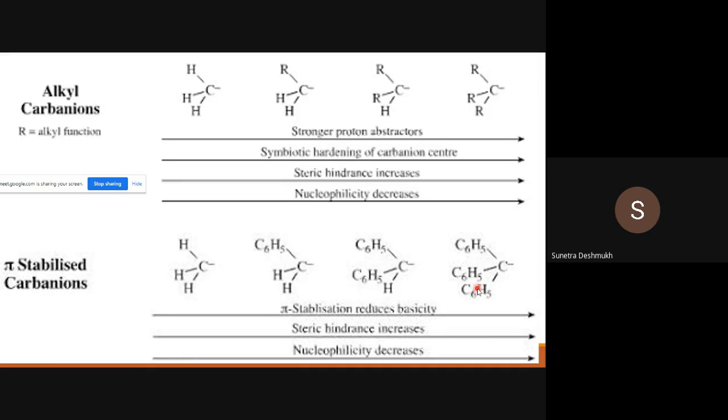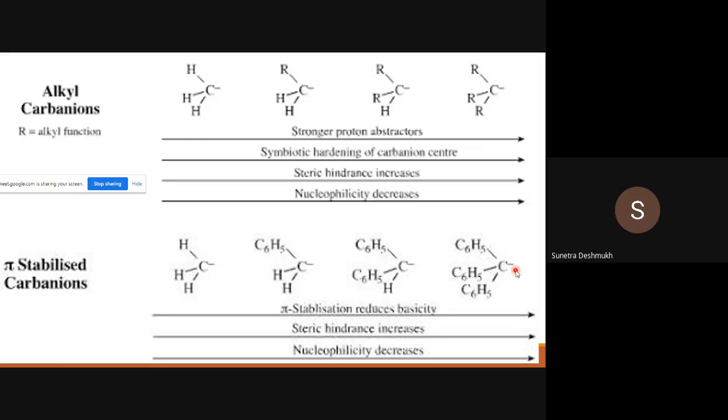Due to the presence of three C6H5 groups, the carbon is getting more stable. So here basicity is getting reduced, because the negative charge is no longer available to abstract a proton.